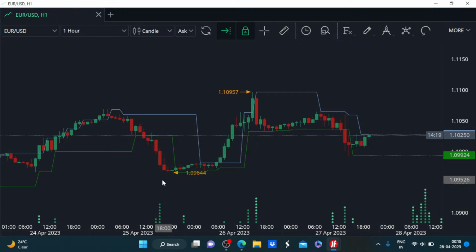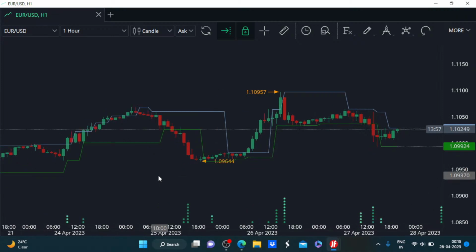So these lines are drawn simply using the fractal levels, which are joined to get us a fractal price band. Unless and until a new fractal takes shape, we see the existing fractal levels being joined by these lines.